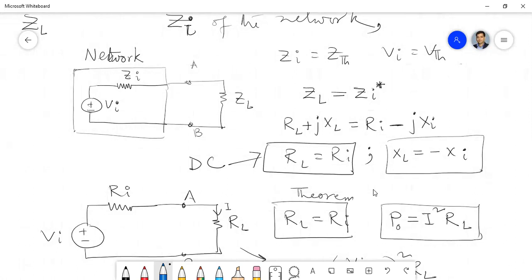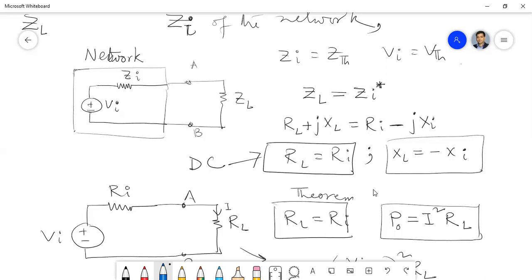Complex conjugate means if RL plus jXL is the load impedance, then the real parts, that means the resistances, will be exactly equal. That means the load resistance will be equal to the internal resistance of the circuit, and the reactive part will be opposite in nature. That means XL equals minus XI.